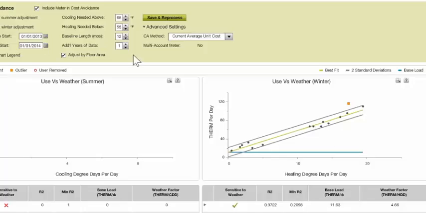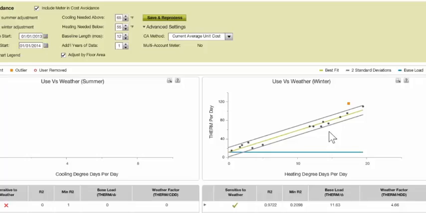What this does is it backs up a year before the baseline. So now I've just pulled in calendar 2012, and I've said add 2012 to my regression to give me maybe a more solid level of confidence that I have a good regression.